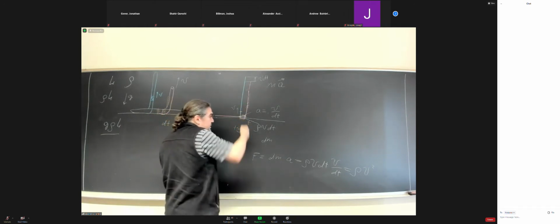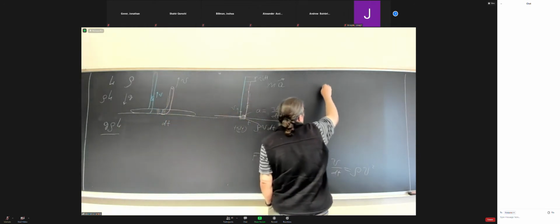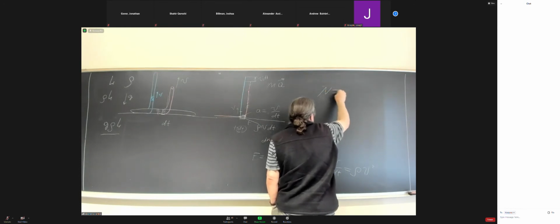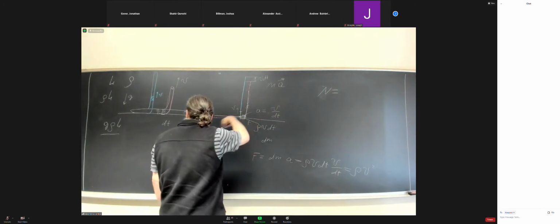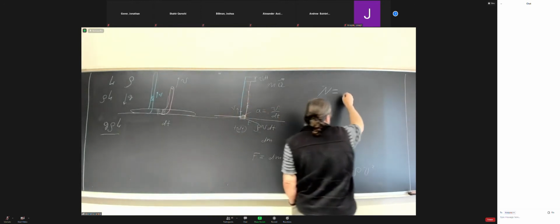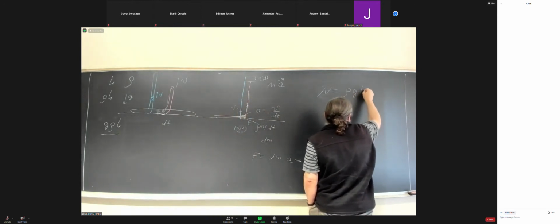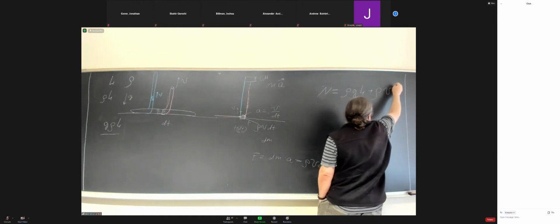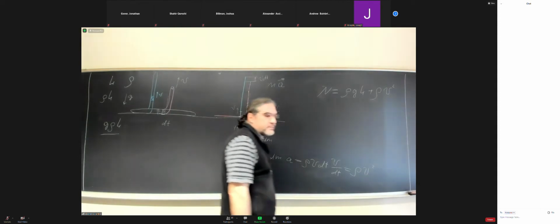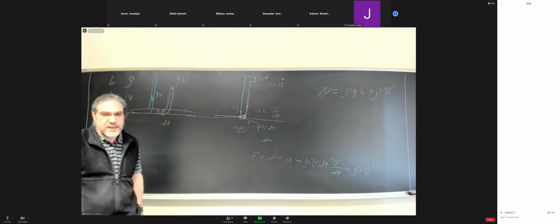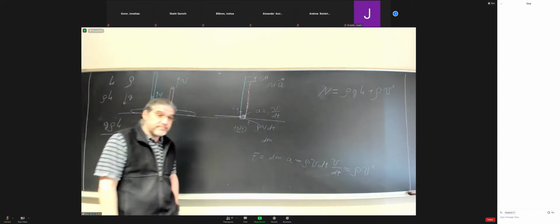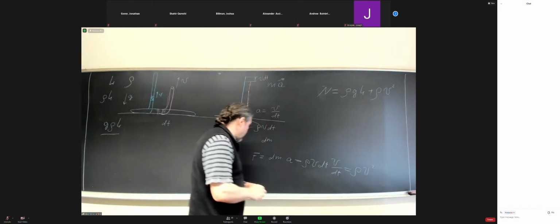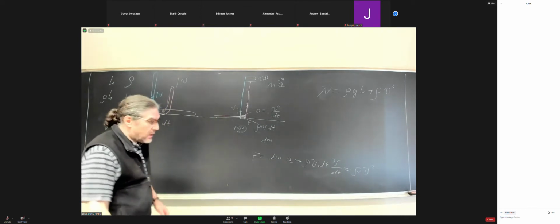So the total vertical force, the normal force which acts on the table, is the total weight, rho g L, plus that additional force, rho v squared. Okay, that makes sense? Yeah.